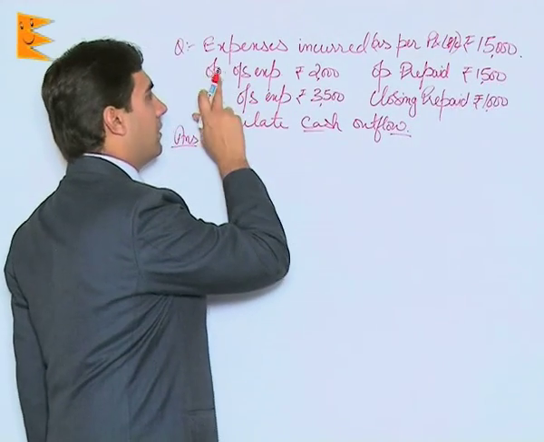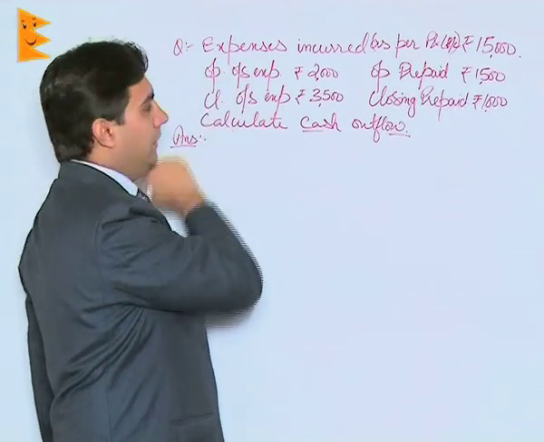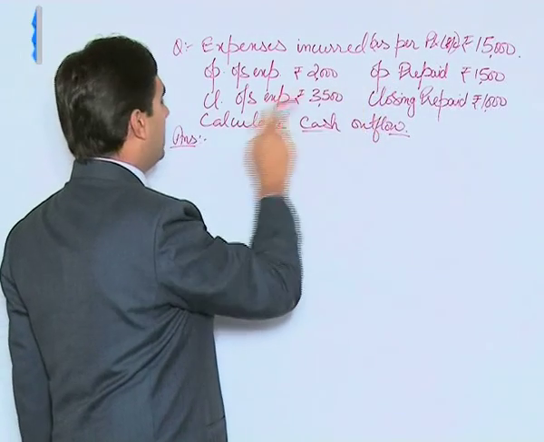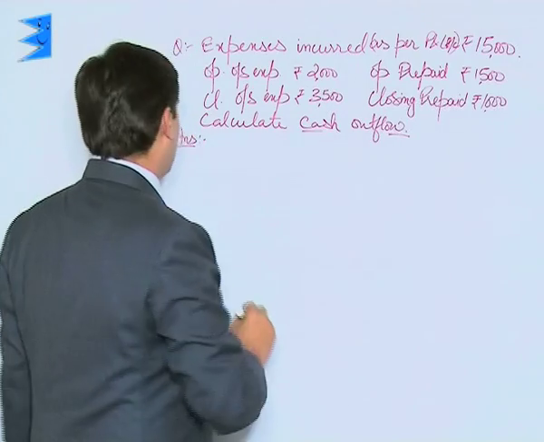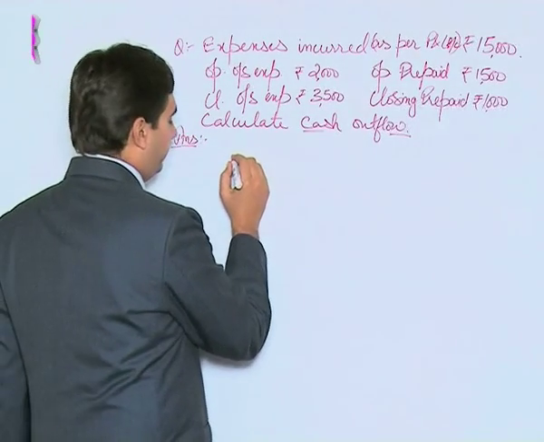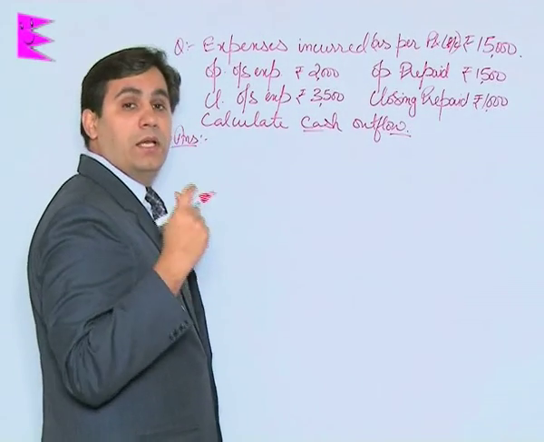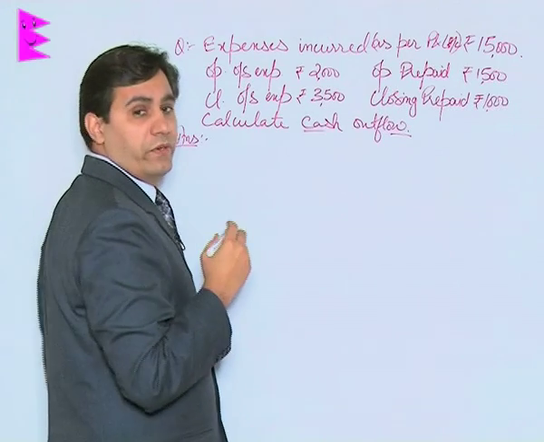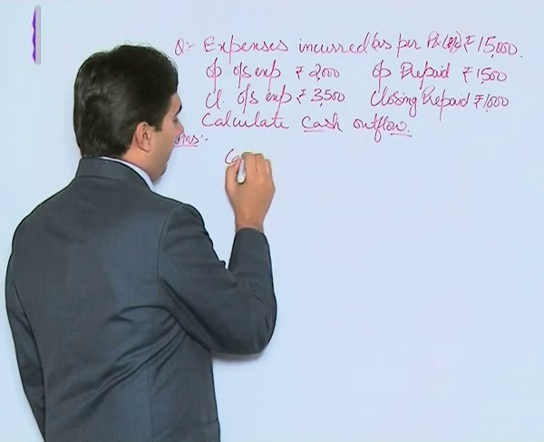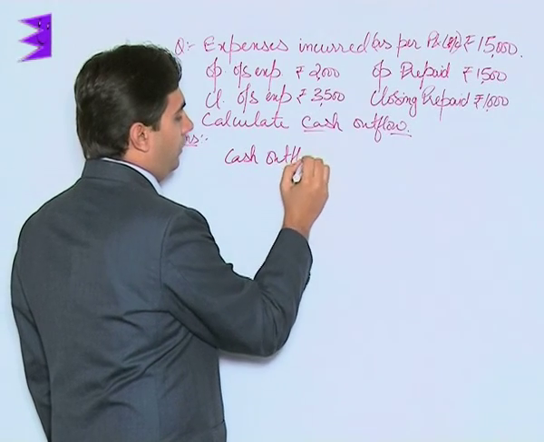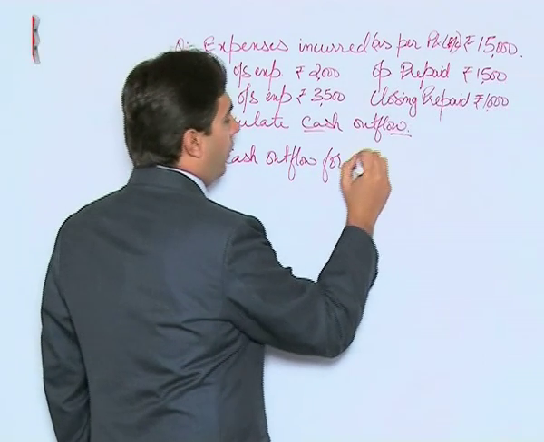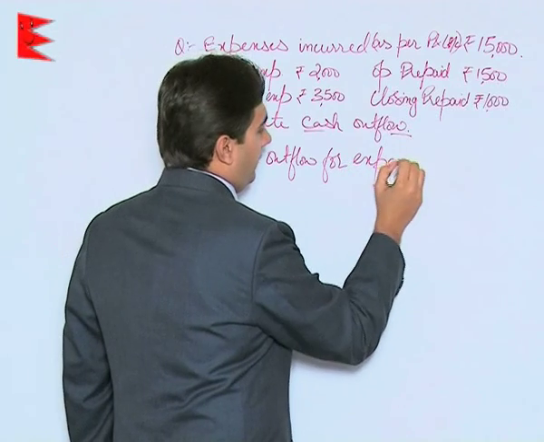Outstanding expenses in the beginning, that is opening outstanding, prepaid expenses, closing outstanding and closing prepaid. So now students, we will prepare a table to calculate cash outflow for expenses.